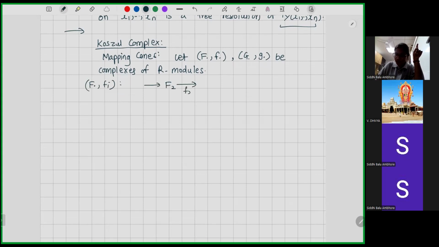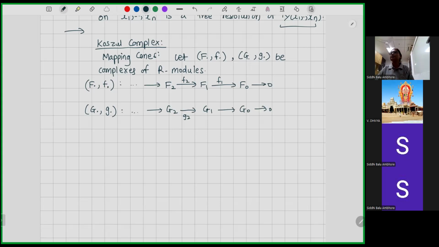F2 going to F1 to F0 by small f2, small f1, and the second one is G2 to G1 to G0 to 0 by g2, g1, g0.